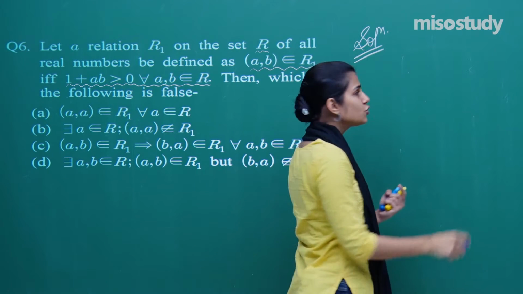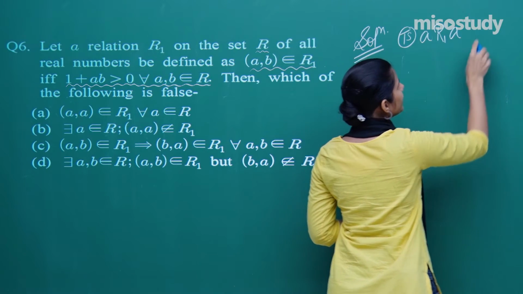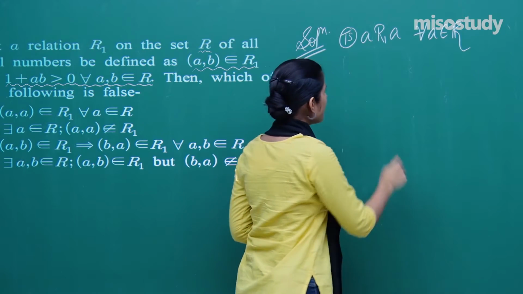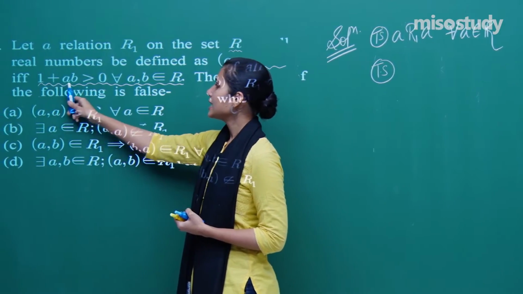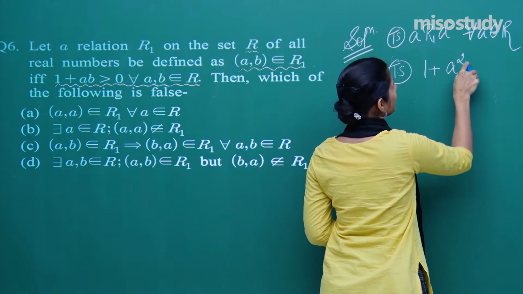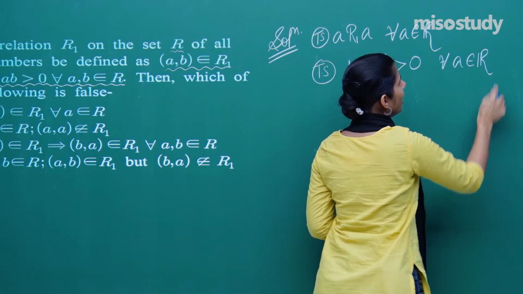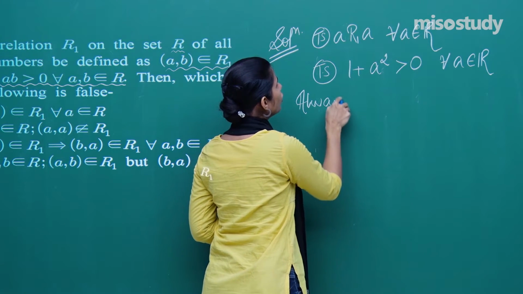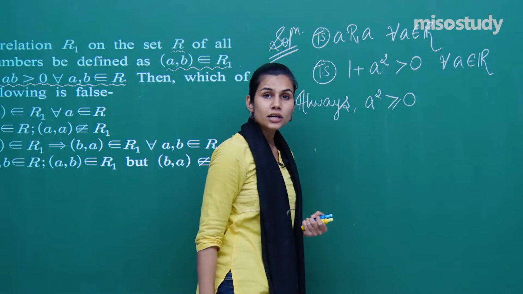First of all, if I have to show A is related to A under the relation R1 for every A in the collection of all reals, I basically will have to show that 1 plus A into A, that is 1 plus A square, is greater than 0 for all A in R. Now we always know that A square is a non-negative term.